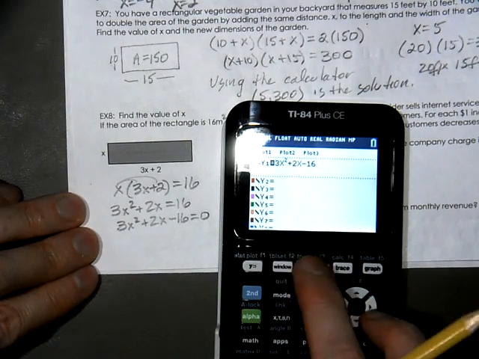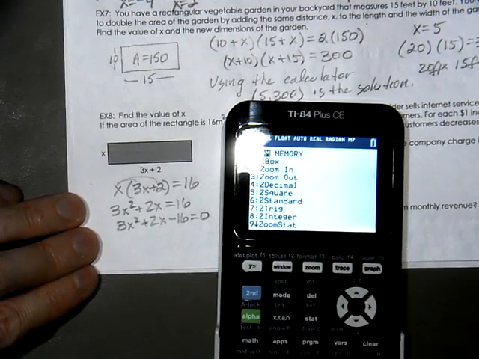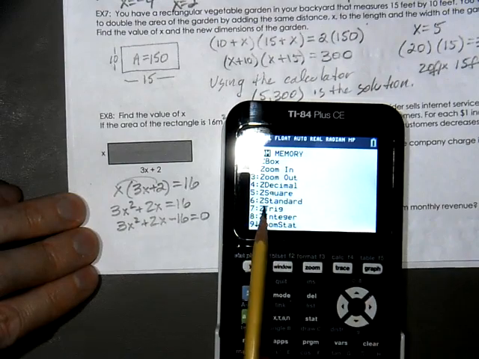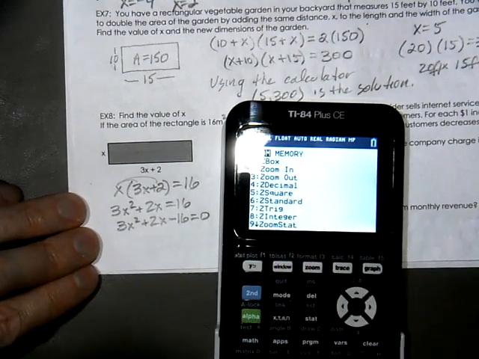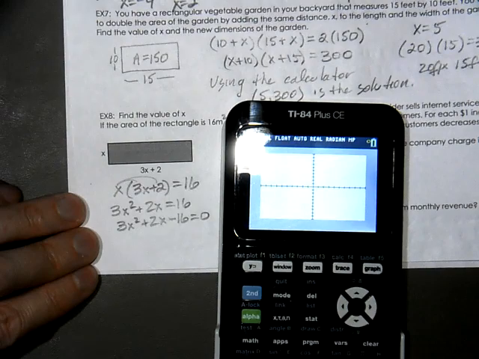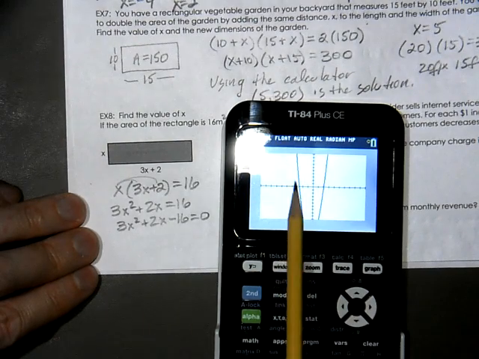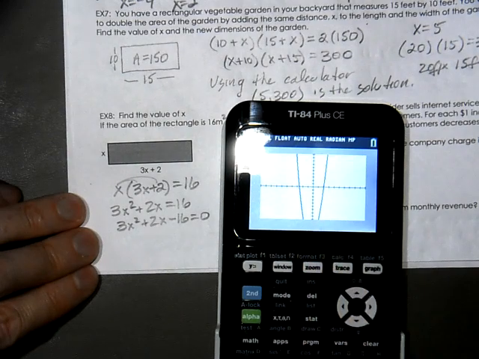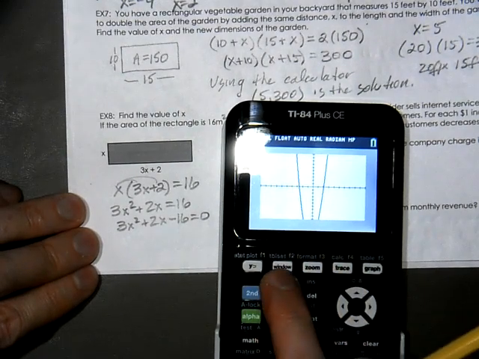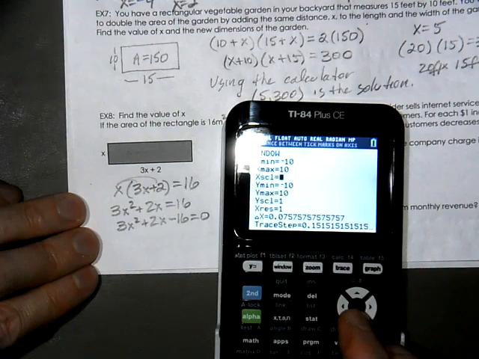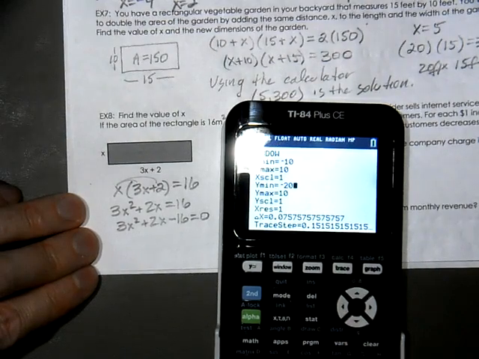And I'm going to zoom 6 because I want to go back to the normal window, the 10 by 10. So it looks like it goes down pretty low. If you wanted to look down lower, we have a minimum value.